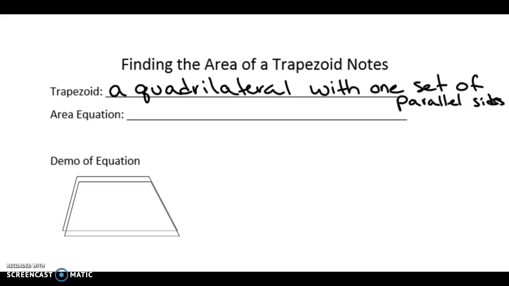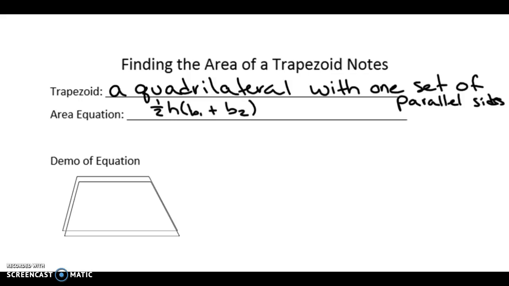Okay, only one. The equation to find the area of the trapezoid, I'm just going to give to you right off the bat today. It is half of the height times base 1 plus base 2.